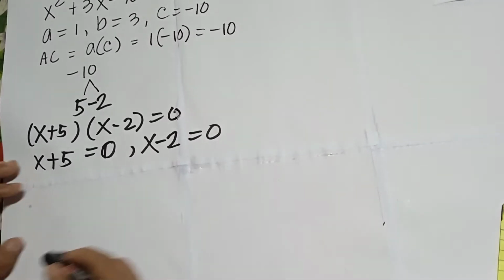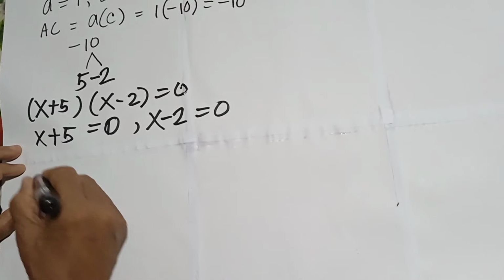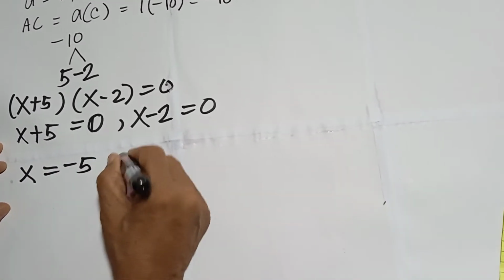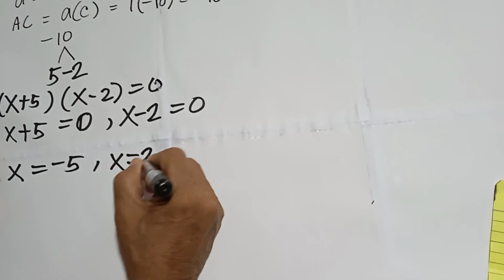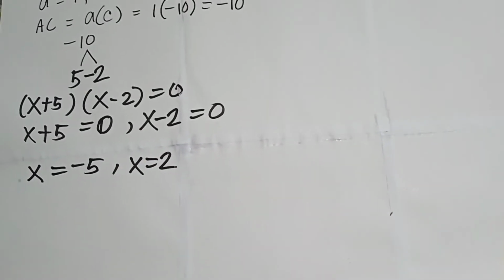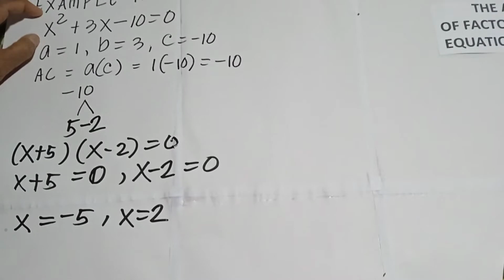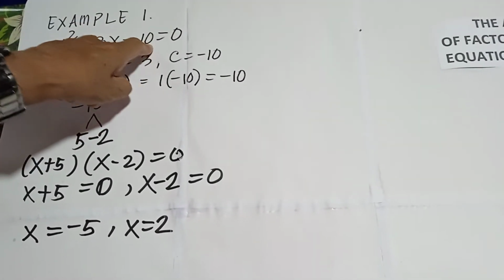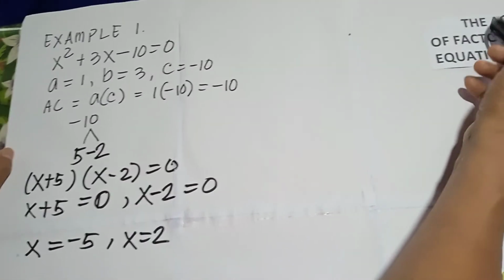Right, then we can get the value of x. x equals negative 5 and x equals 2. That is the value of x in the quadratic equation x squared plus 3x minus 10 through the method of AC.